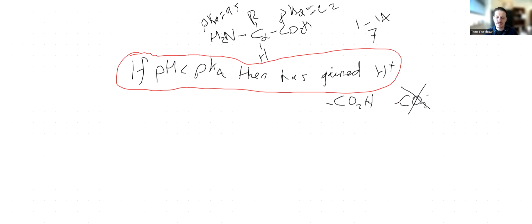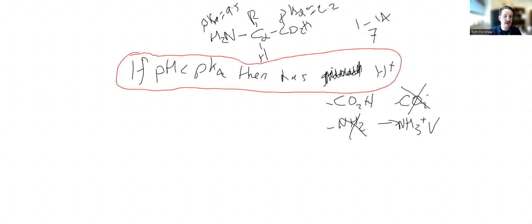Really, we could just cross out the gained: it has H plus. So in this case, it would have the H plus here, and for the amine group, it would be NH3 plus if the pH is less than pKa.